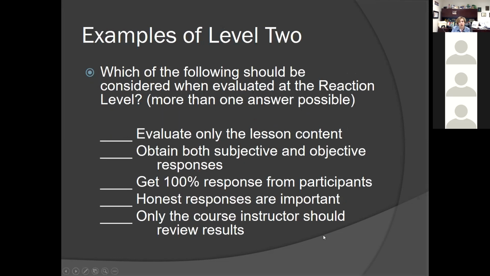So an example: which of the following would be considered when evaluating at a reaction level, or a level 1? Would you evaluate only the lesson content? Would you obtain both subjective and objective responses? So that would be open-ended and specific questions.